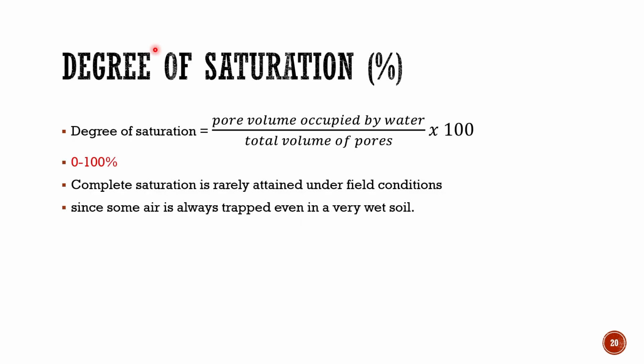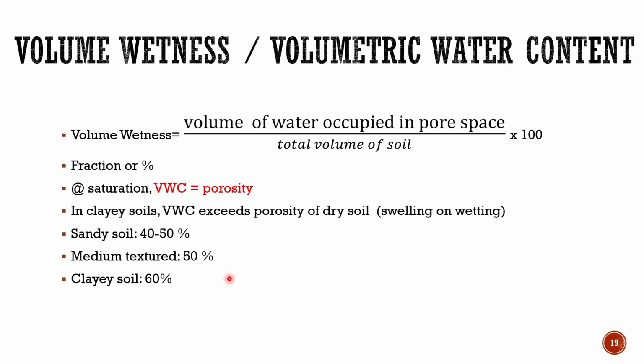The next is the degree of saturation, which is represented by percentage. It is the pore volume occupied by water divided by the total volume of pore into 100. We know the volumetric water content is the volume of water occupied in the pore space per unit volume of the soil, that is, as a whole soil.